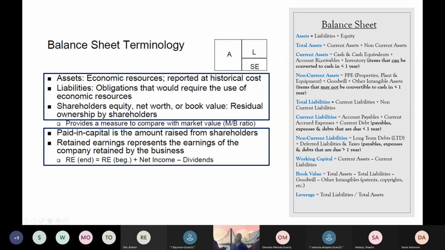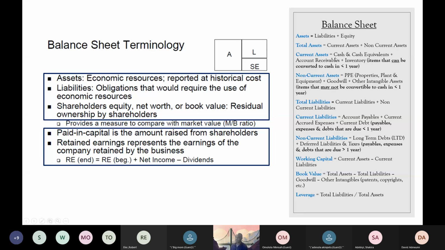When you hear the word current in accounting, it means less than 1 year. That's what current means. That's a simple way to explain it. So total assets equals current assets plus non-current assets.